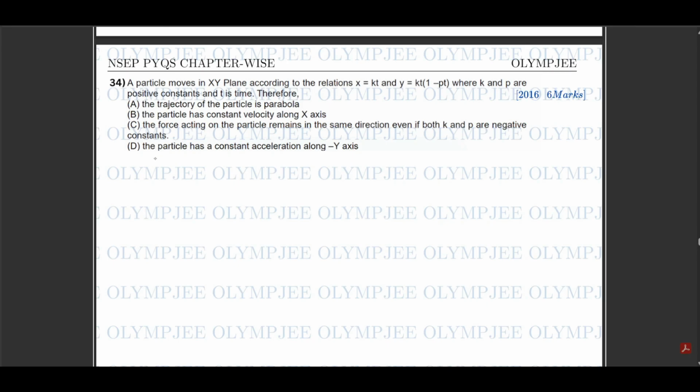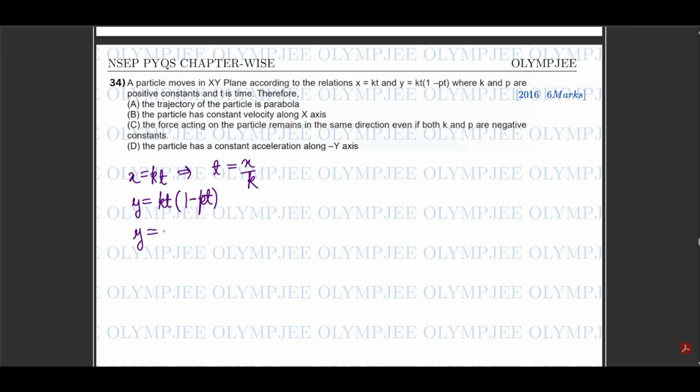So whenever trajectory is asked, it means that we have to relate x and y and eliminate all other variables. x is equal to kt and y is equal to kt into 1 minus pt. So from here we can get that time is equal to x by k. It is easier to get time from this equation than this equation, so we will put time from this equation into this equation.